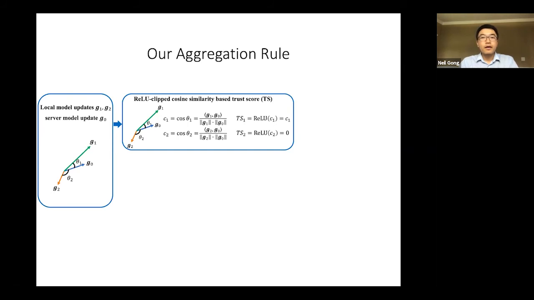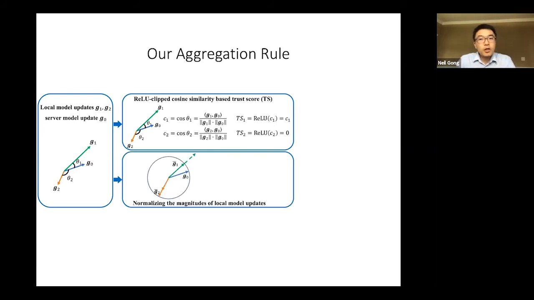In local model poisoning attacks, the poisoned local models from the malicious clients often have large magnitudes in order to dominate the impact of the local models from the benign clients. So we also propose to normalize the magnitude of the local model updates.